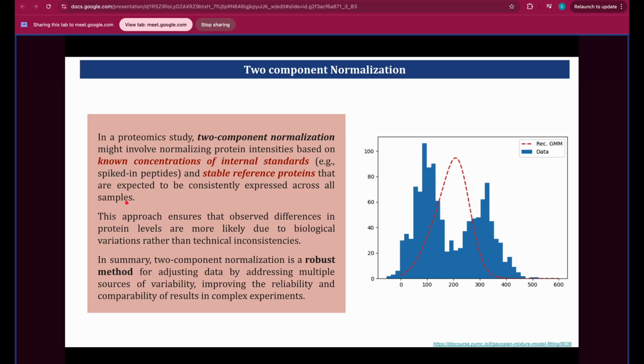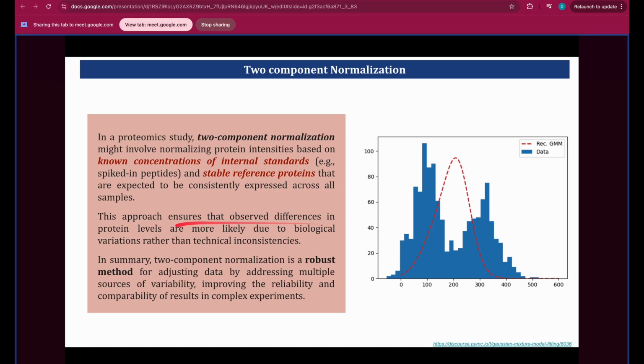In this case, you are aware of the stable reference proteins and you expect a consistent expression pattern to be observed. You also have the concentration of internal standards. For example, there are two spike-in peptides observed here, and you know that the reference should be present in this region. So as you are aware, you can use the two component normalization.